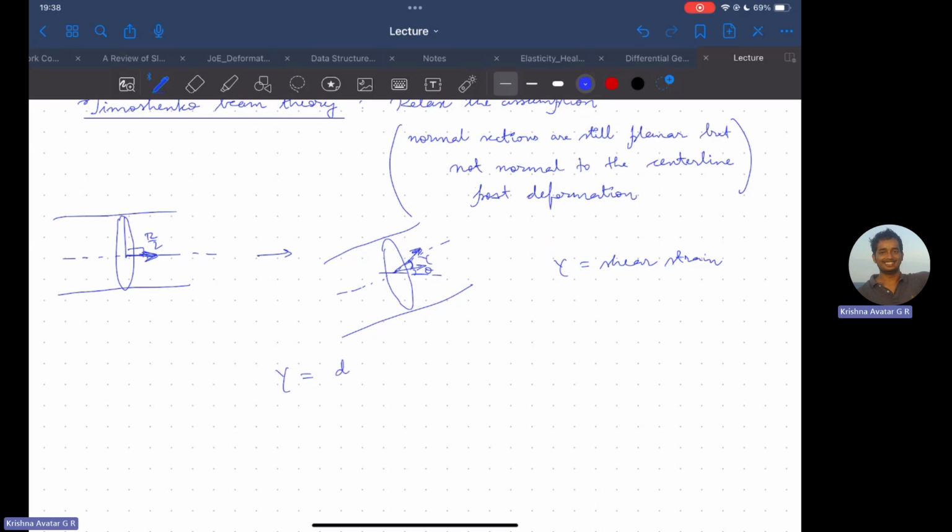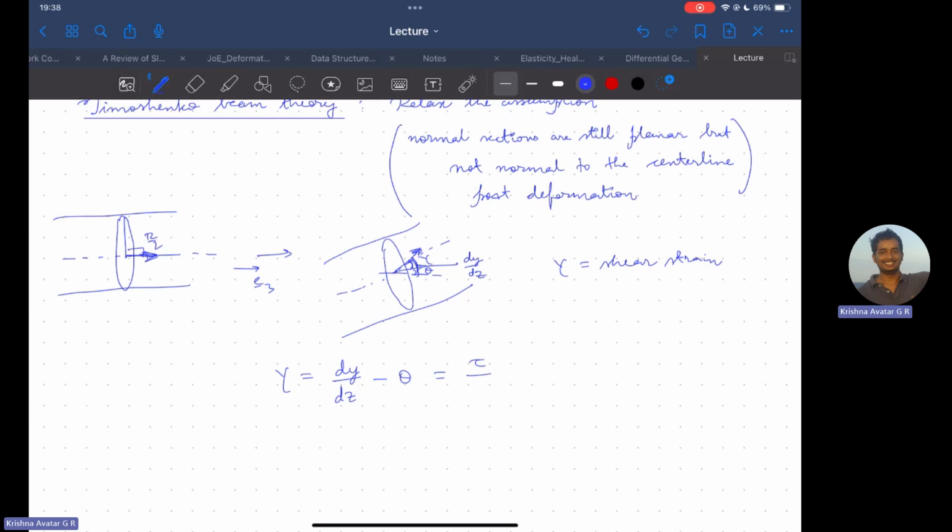So gamma is equal to the angle the tangent makes, dy by dx. Of course, it's not exactly the angle, but we are dealing with small angles here. So this is dy by dz, because this is the E3 axis, minus theta.